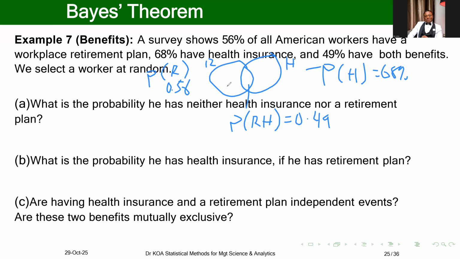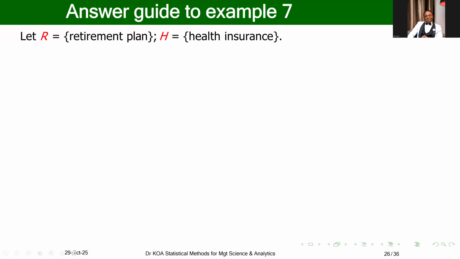So if you want those who have exactly a retirement plan, you have to take away those in the intersection. I know you guys get what I mean. So this is how you would have represented it. The probability of R is 0.56, H is 0.68, then the intersection is 0.49.